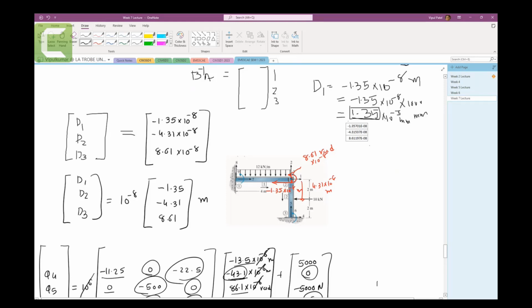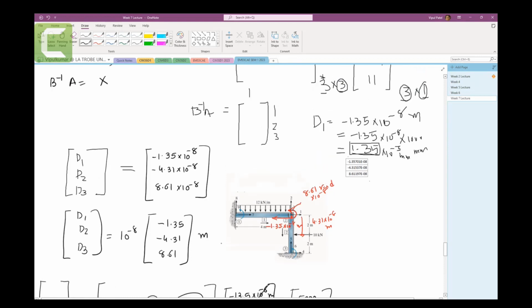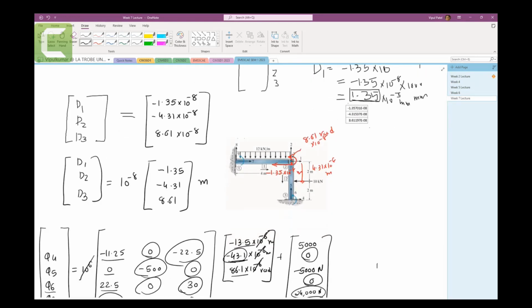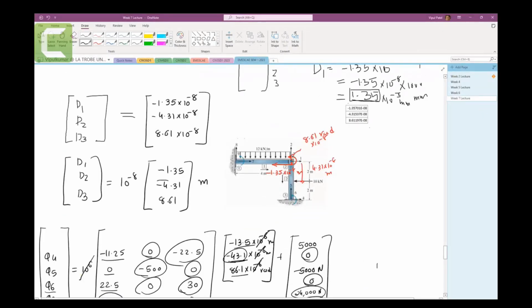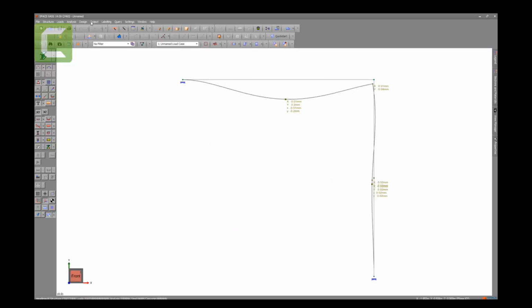Probably there is some offset of the units. Then we have Y is 0.04, which looks very similar. And 8.61, I think we need to get this one from the report because rotation is not shown here.